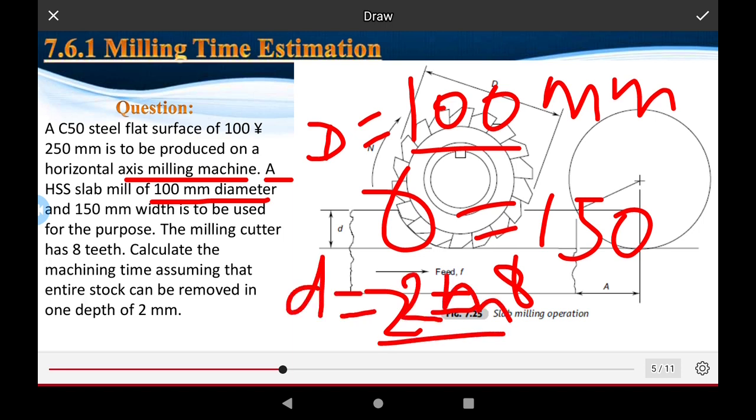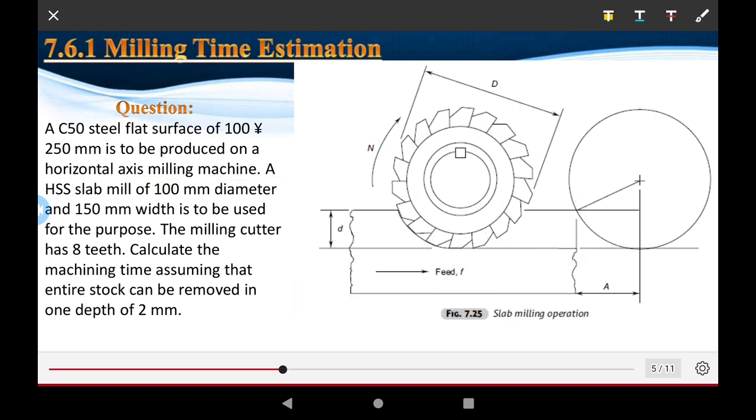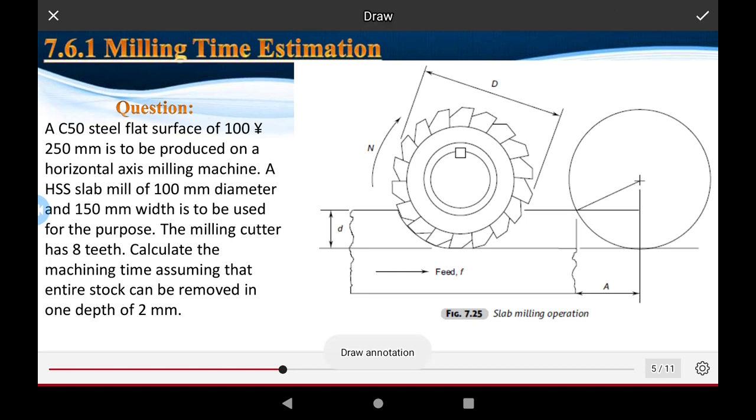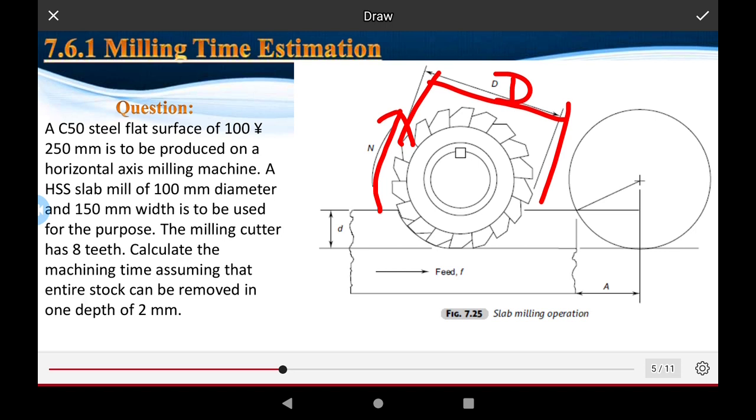Okay, all these values are given for use in this formula. Suppose that this is the capital D, the total diameter, and the tool also rotates in the clockwise direction in rpm.